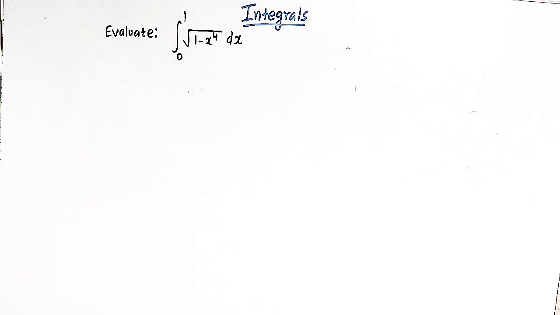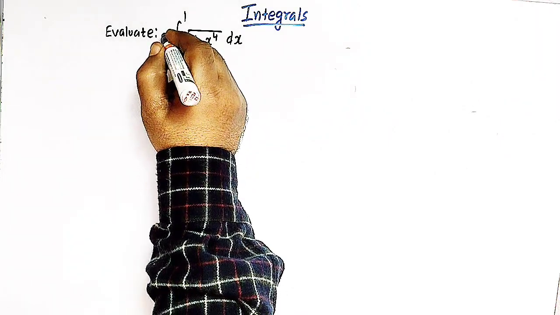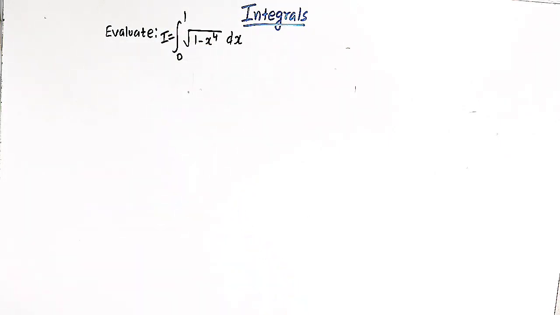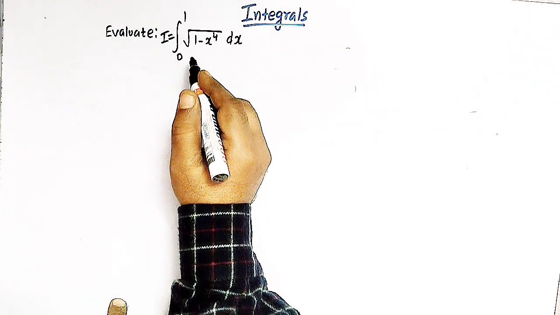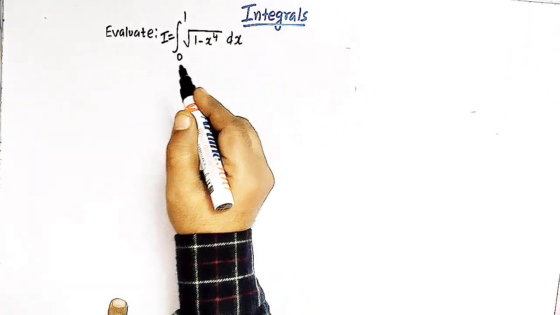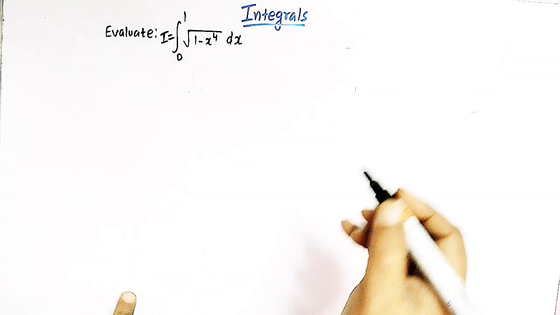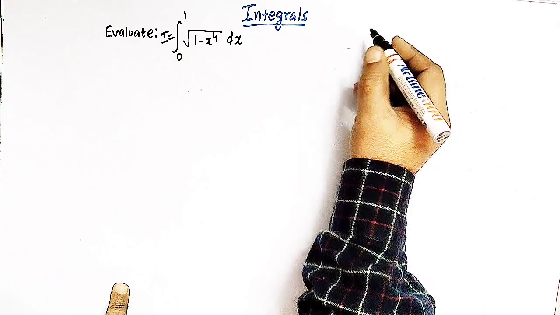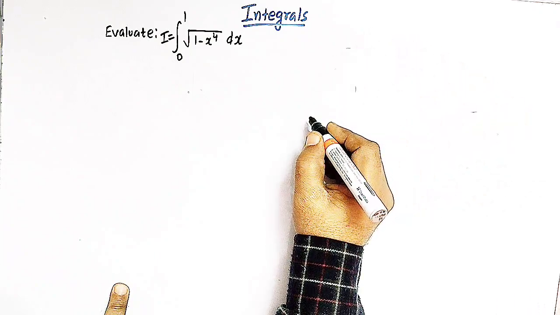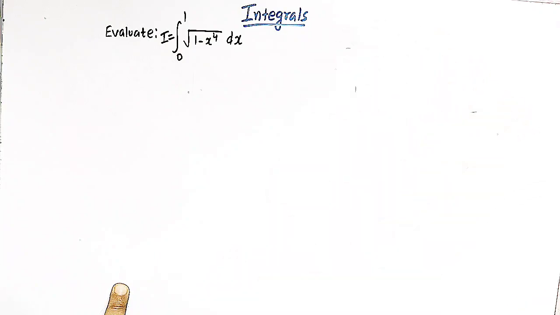right? So let us start, and let us first call this integral as I, right? And here let us briefly see the important results from beta and gamma functions which are going to be used while evaluating this integral. So here we are going to make use of the definition of beta integral, which is also known as beta function or Euler's integral of first kind, right?